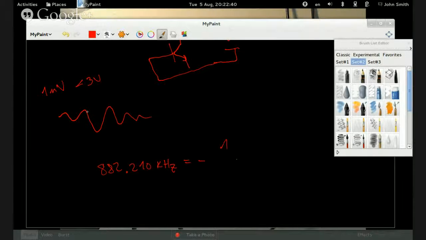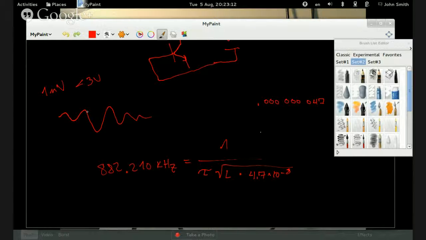And we can plug it in our equation here. We're trying to find L. We know C is 4.7 times 10 to the minus 8, I think. Let's see, 0.047.